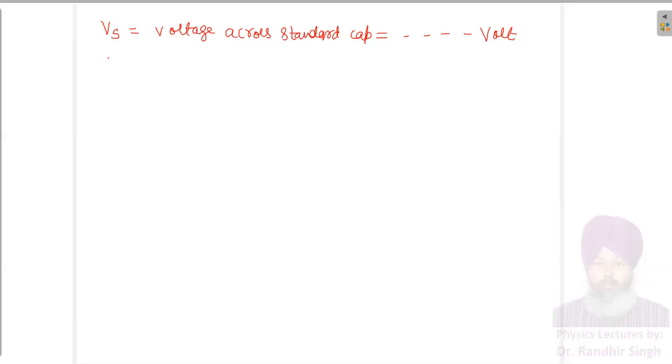Then we will use these as observations. Vd is equal to voltage across dielectric capacitor. It will be also in volt.